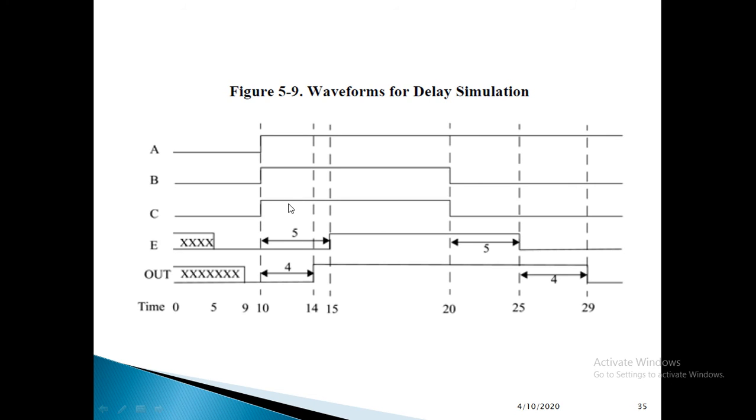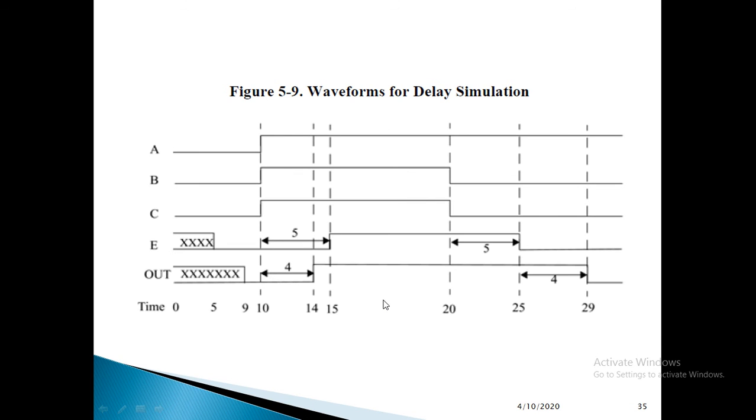Now C is 1 here and E is 0, then the output has to wait for 4 time units. You just notice that the output of the gate has to wait for its delay.